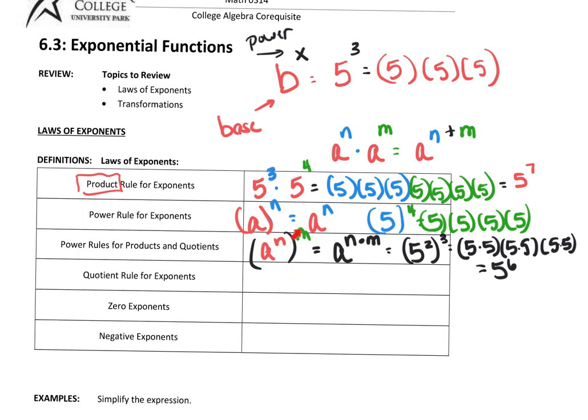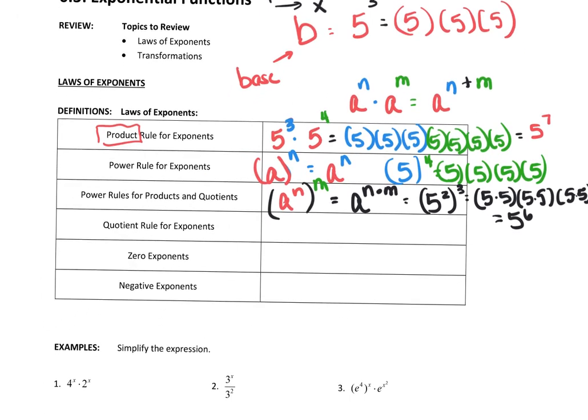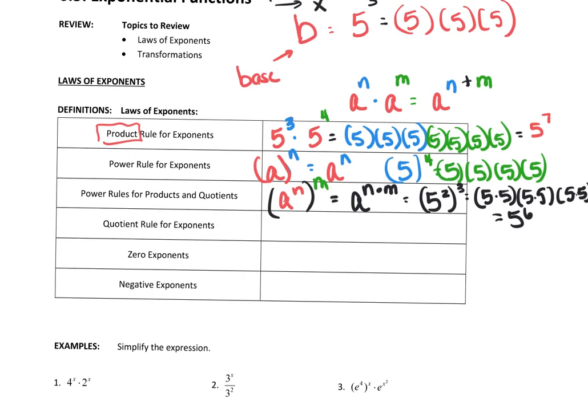The quotient rule works the same way, except the quotient rule says if I have a to the m divided by a to the n, this is just a to the m minus n. You can subtract these. So the quotient rule is actually the opposite of the addition rule. And that's because you can see it like this.